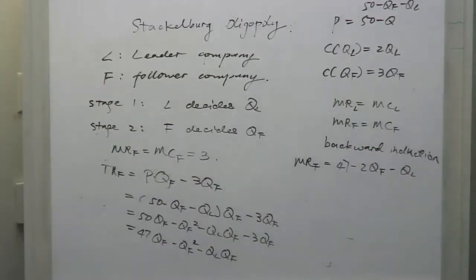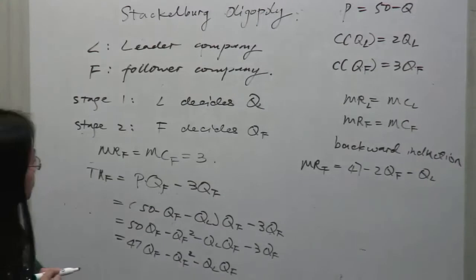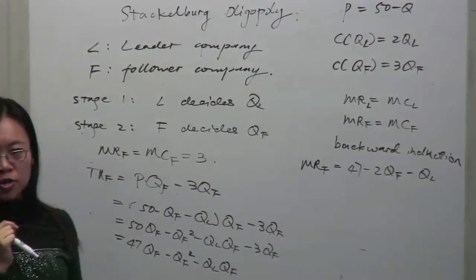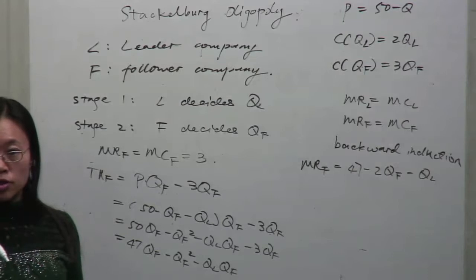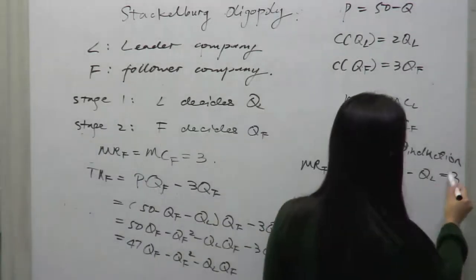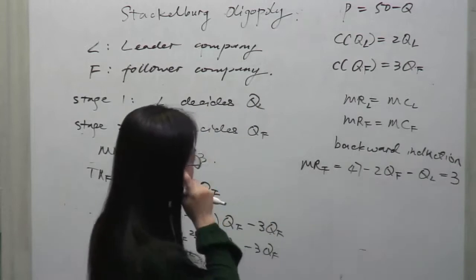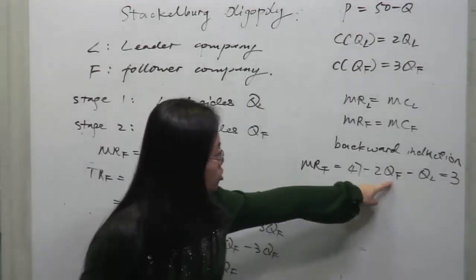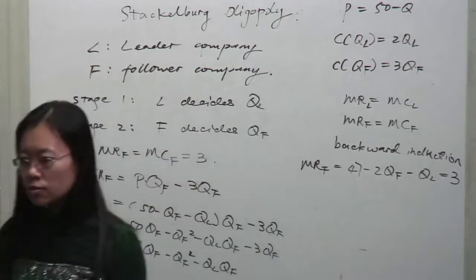Okay, then what's the next step? Marginal revenue has to equal marginal cost, which is equal to 3. Okay, good. This is simple enough, and I want to solve for QF right now.